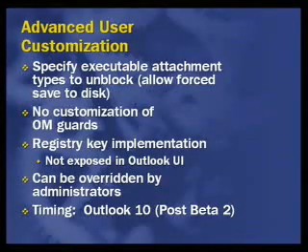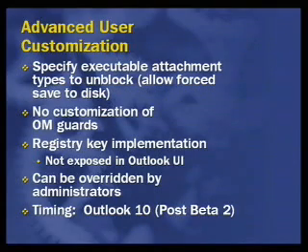Another customization feature that we've added in Outlook 10 is the ability for advanced users to have control over executable type attachments. Specifically, advanced users can specify which executable attachment types to unblock.